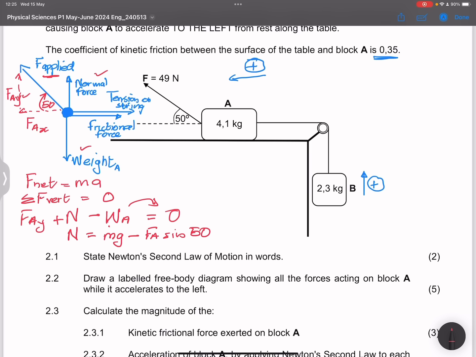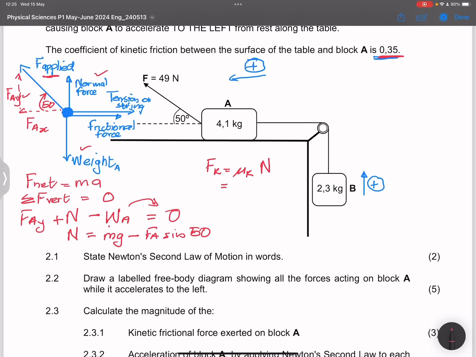And now, can we calculate our kinetic friction? We absolutely can. We've got the coefficient of friction, and so that means that the frictional force will be mu k, the coefficient, multiplied by the normal force.